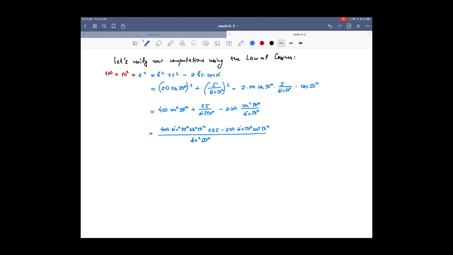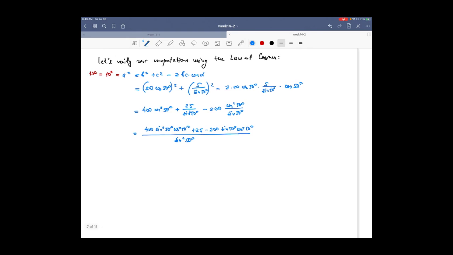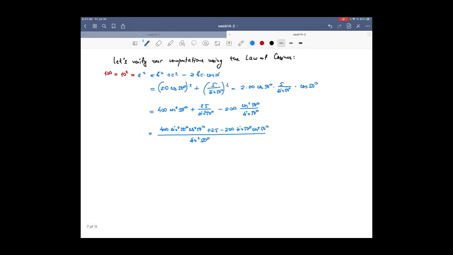Doesn't seem too obvious how to simplify this. Alright, perhaps I can get back to sine 100 degrees, or I can factor out 200 sine 50 degrees here.